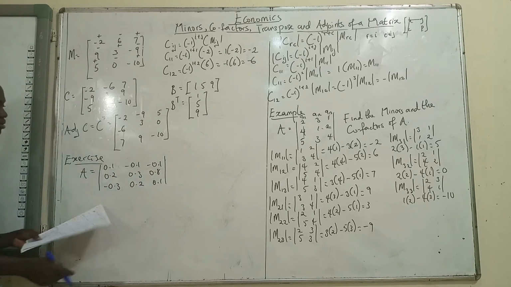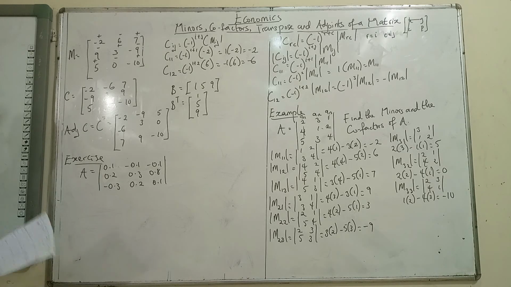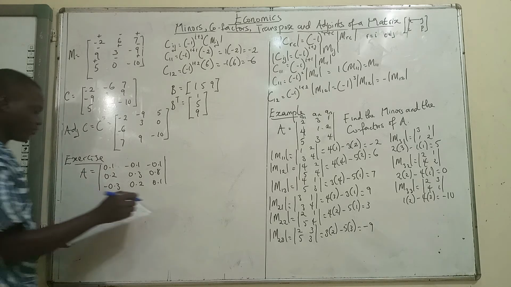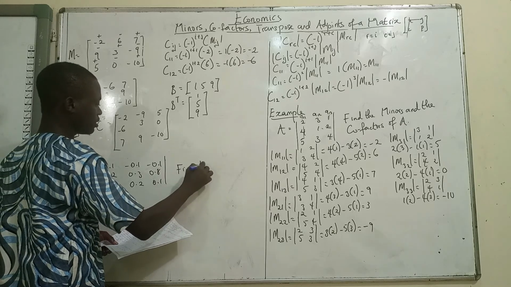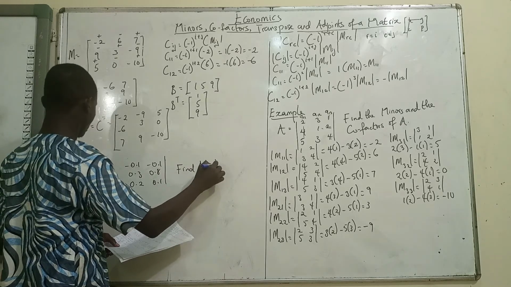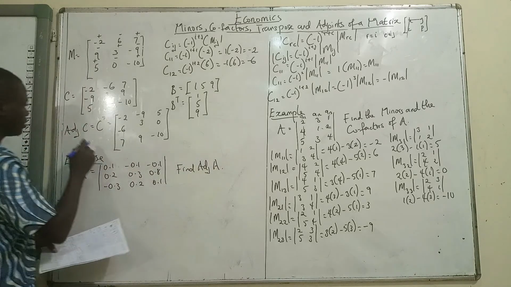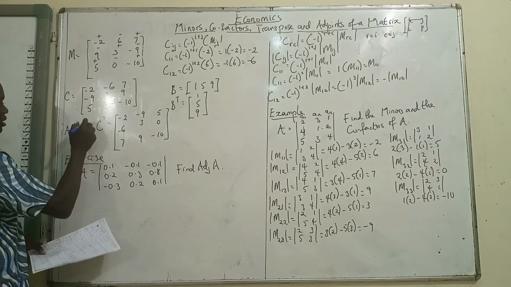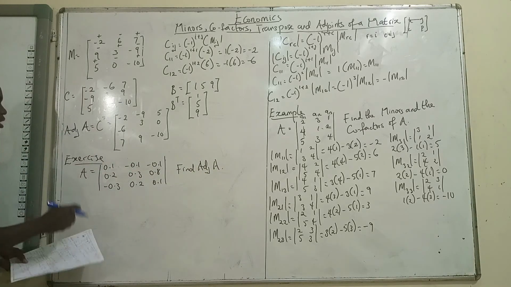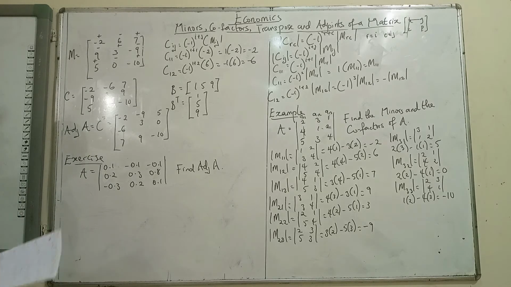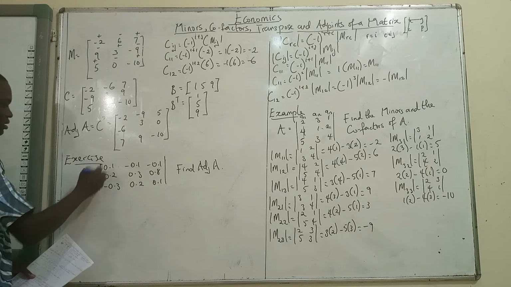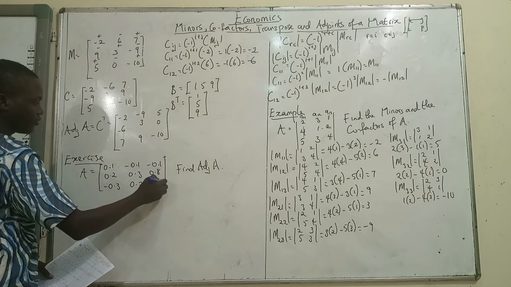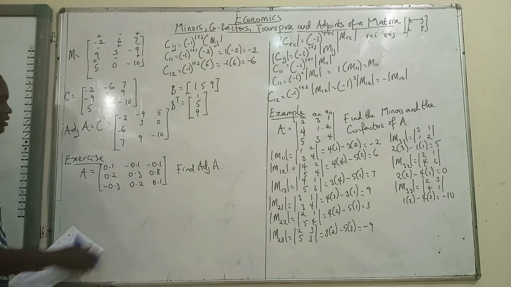I don't think this is a right stochastic matrix. It is not. Given this, find the adjoint of matrix A. The adjoint of matrix A is equal to the transpose of the cofactors of A.